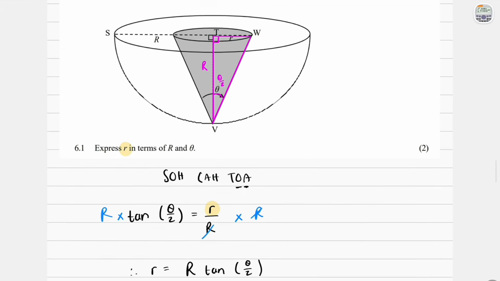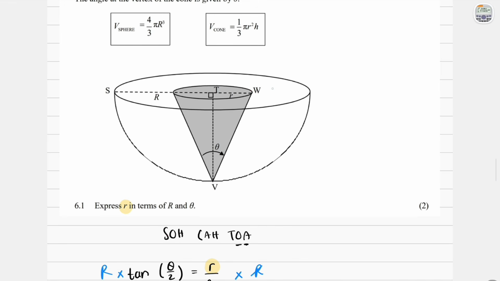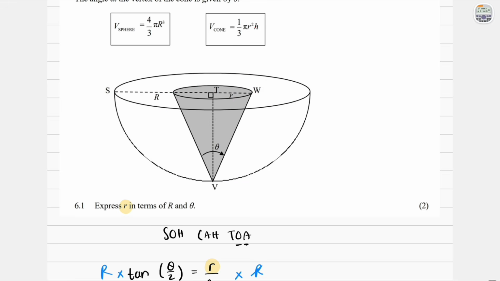So let's find a way to find out what the remaining volume would be. You see in this structure, they have told us that this structure is made up of a hemisphere, and then this cone is drilled out of it. So the remaining volume would be everything else in that hemisphere, excluding the volume of that cone.